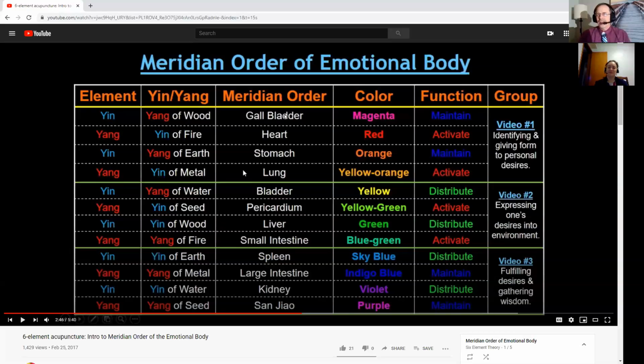As you go through this order, there's this little question you can ask. The gallbladder, you say, okay, what are we going to do? So you have all this potential. What are we going to do? And then the heart steps in and says, I know what to do.